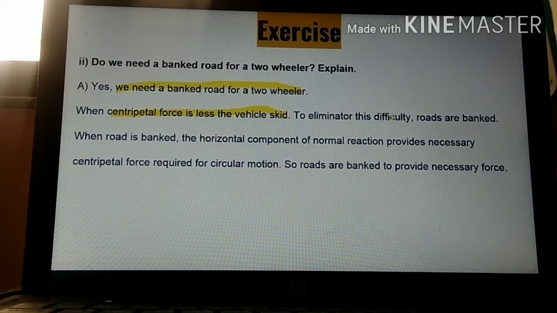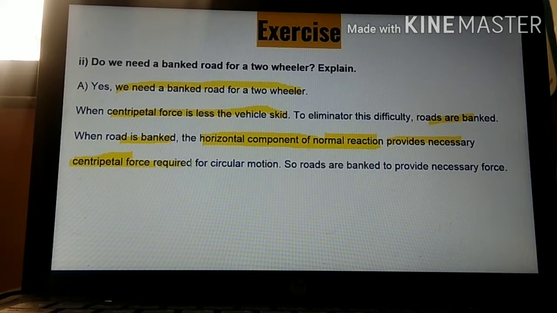To eliminate this difficulty, roads are banked to a certain angle. When the road is banked, the horizontal component of the normal reaction force provides the necessary centripetal force required for circular motion.